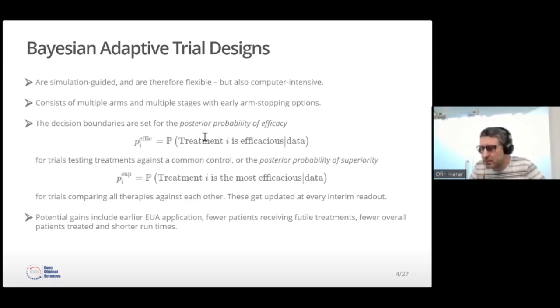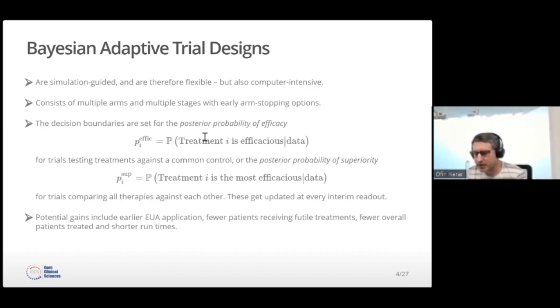This is also a blessing because if we can simulate it, we can consider the type of designs that we wouldn't normally, because we are not bound to all the mathematics that allows us to measure those operating characteristics. We can simulate everything on a computer and see how we fare.